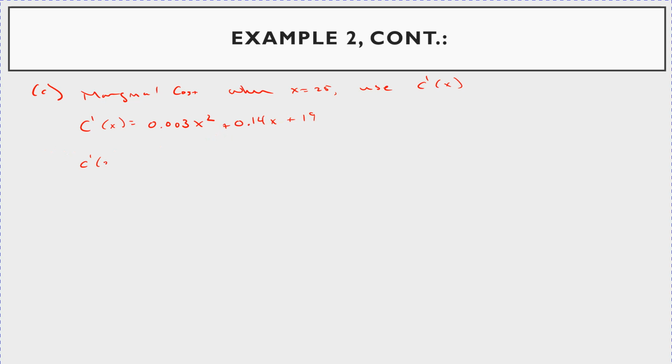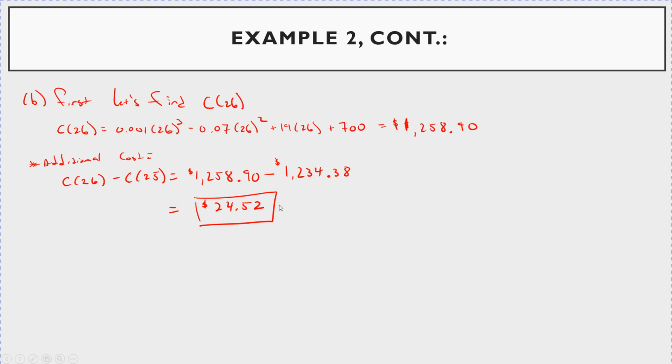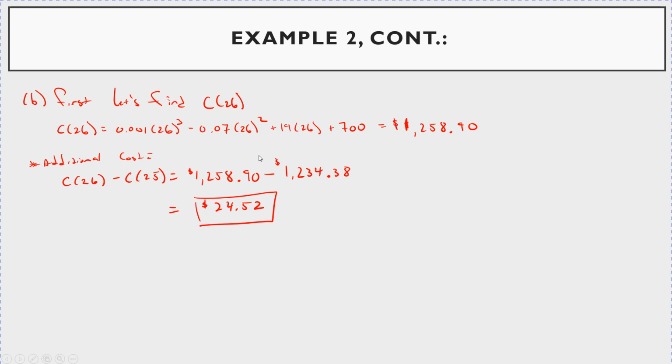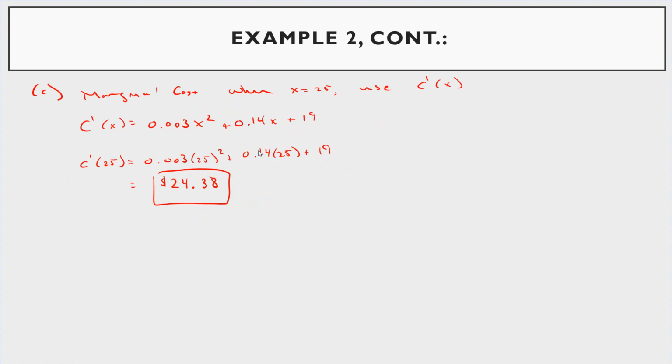If you plug 25 into this function, you'd end up getting $24.38. Notice that's slightly different than what you're observing here, and that's perfectly okay. This marginal cost function looks at the marginal additional cost of just that one unit, whereas this one looks at the change in the total cost. So it's a somewhat different value.